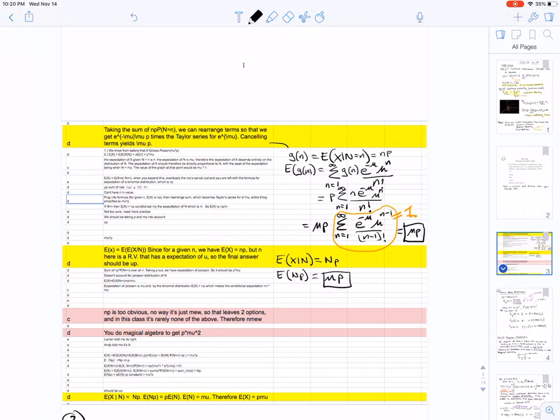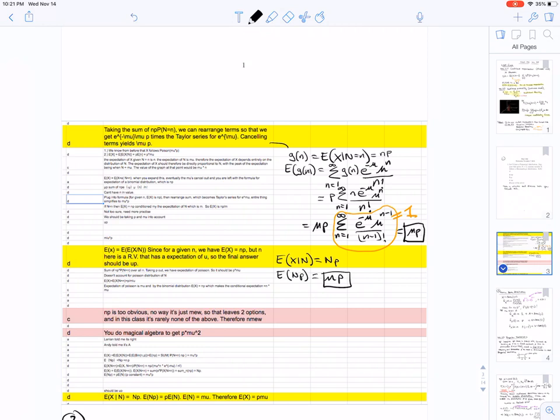And so then I can pull out one of the powers of mu, so I get mu p times a sum, and that sum is 1 since it's the probability distribution of Poisson, and so we just get mu p.